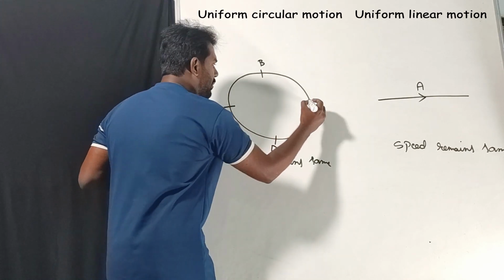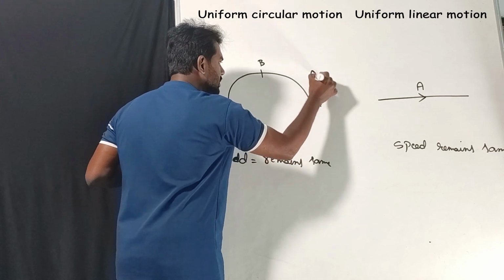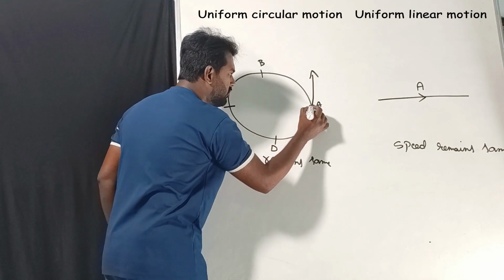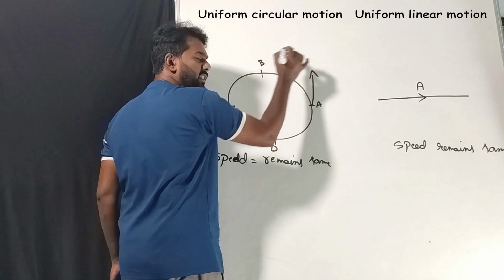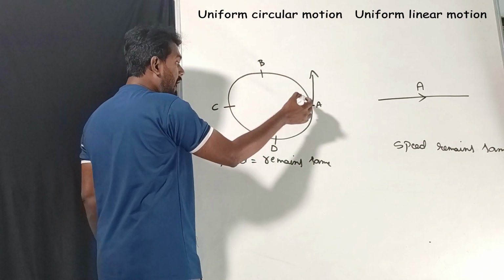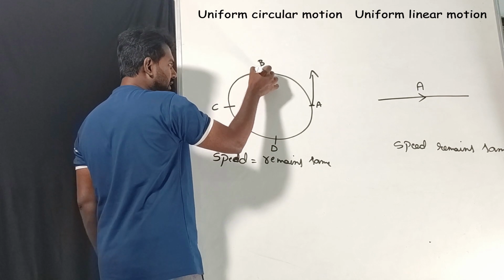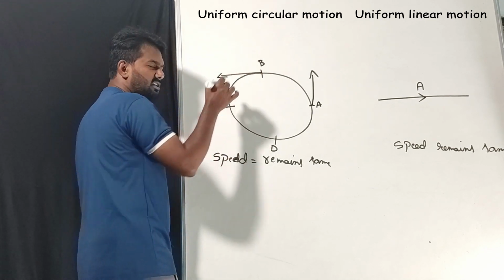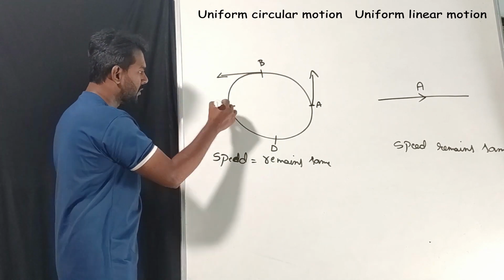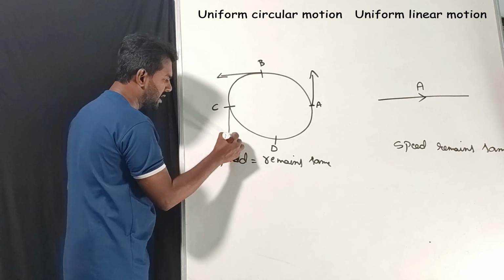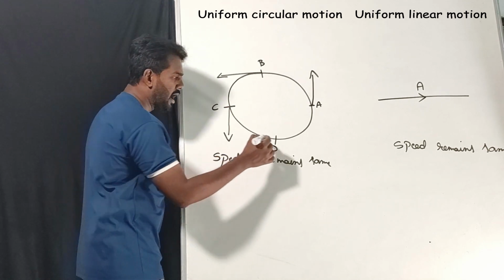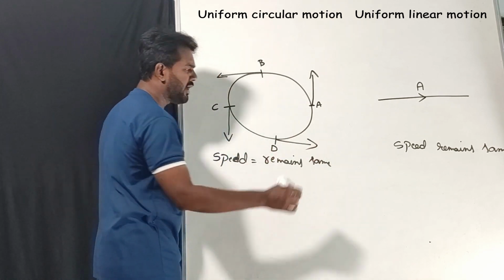See, we'll talk about this point now. Assume the object is here. Now the direction of this object will be in this way. Assume after crossing this point, from here it is moving now. After reaching this point B, the direction of the object will be in this way. After reaching C, the direction will be here, and after reaching D, the direction will be here.